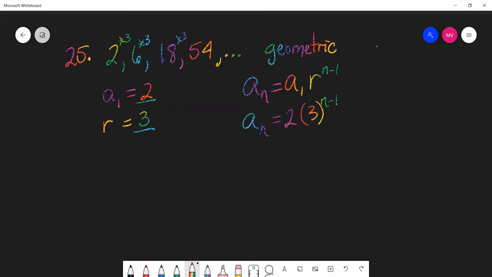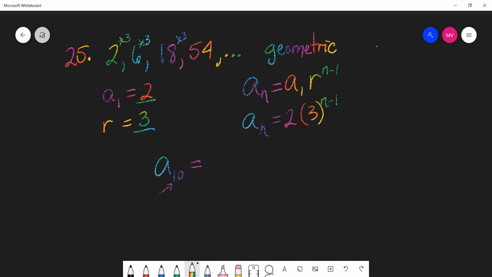So if we're told to find the term at position n, remember, n is always n. So if we establish that the position we're trying to calculate the term for is position 10, that means that in our equation, anywhere we see the variable n, we plug in the position number.